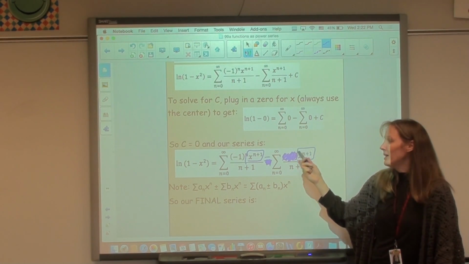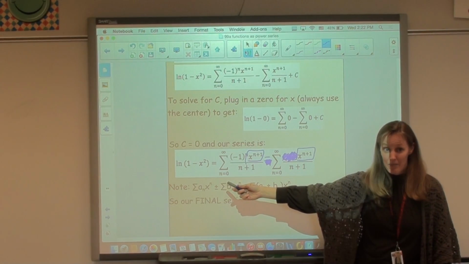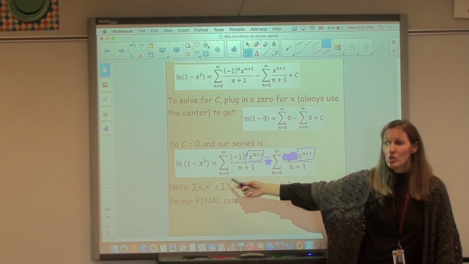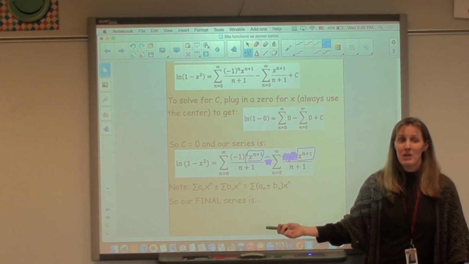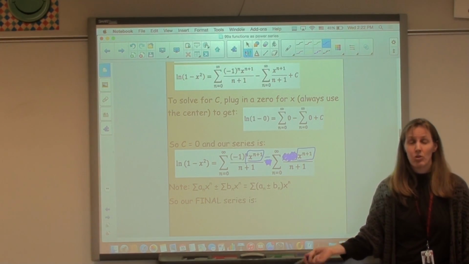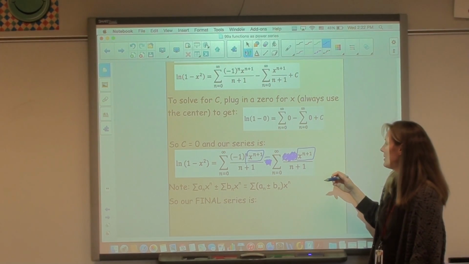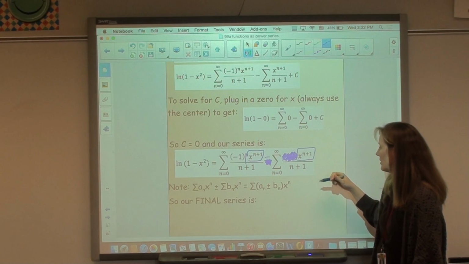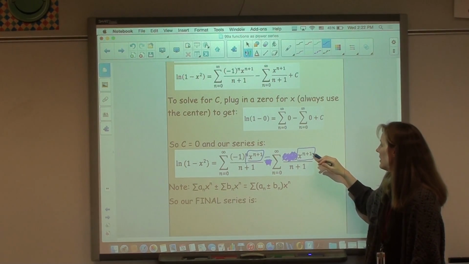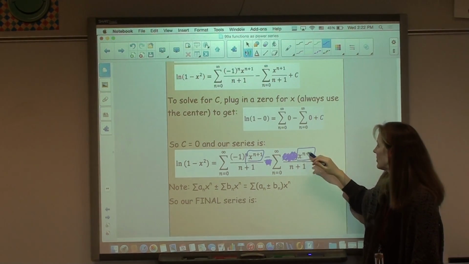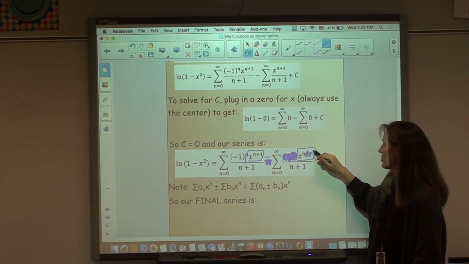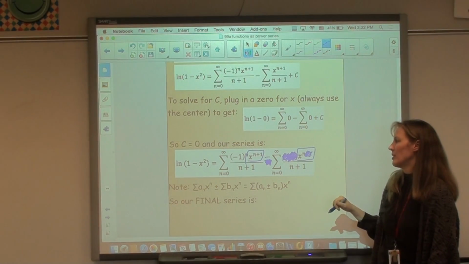But the n's have to be the same to add the sums. So what you might end up with, maybe in a problem or two, either tonight or tomorrow, is say this was x to the n. Just pretend, don't copy down.